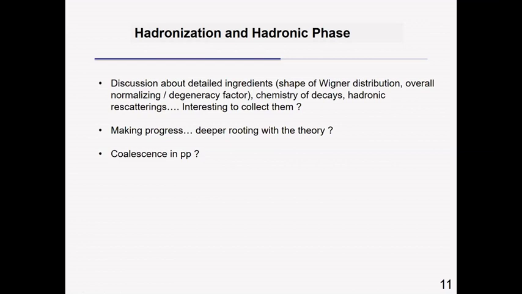Now, I'm not sure how we make progress after. Maybe one step. I don't know whether there are some comments on this. Yeah, I'm 100% sharing that concern. I mean, we can elaborate on all the differences, which is sort of the stage we are at, right? But then what? How do we reduce the bunch of curves or the bunch of models that we have, right? This is the goal, right?